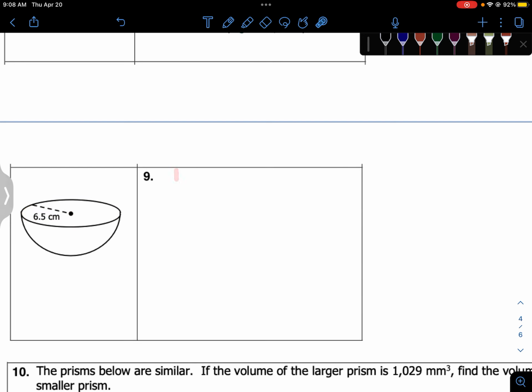So our surface area, we need half the sphere, so half of 4 pi r squared, plus the circle on the bottom. How do we find the area? Because all this that we've been doing is finding area, just area on the surface. So how do we find the area of a circle? We're going to add in pi r squared.